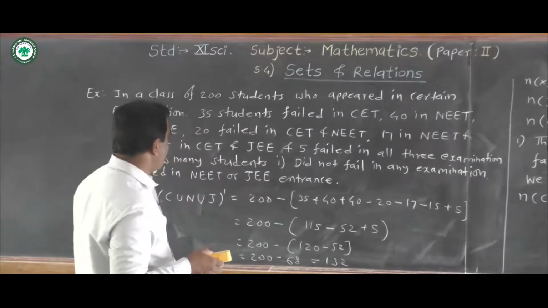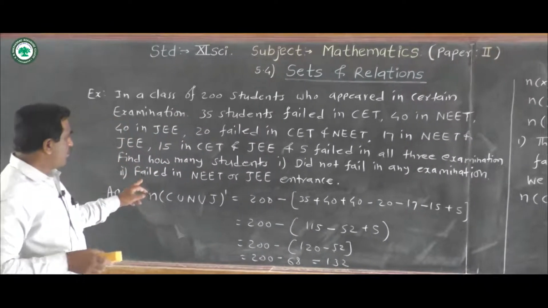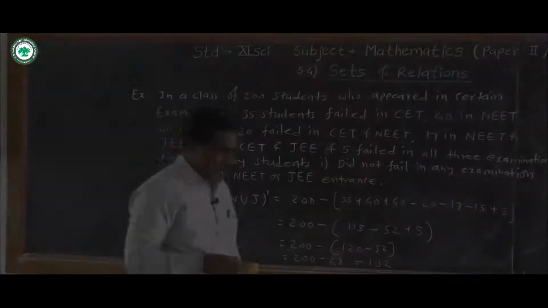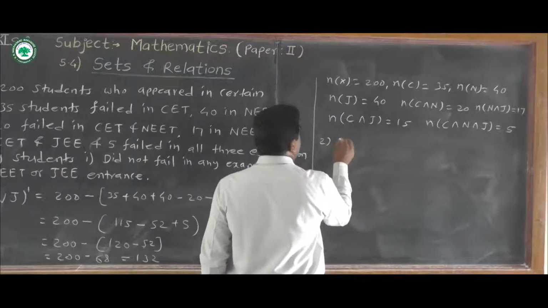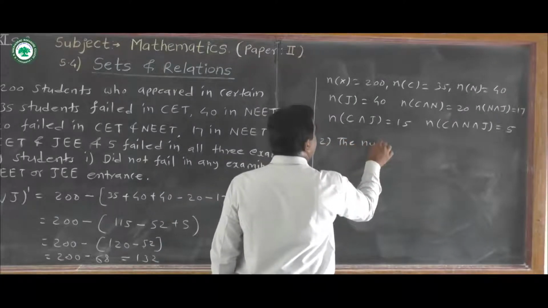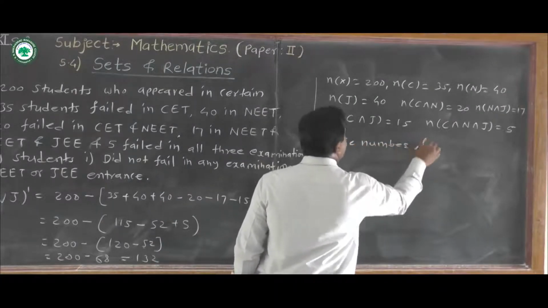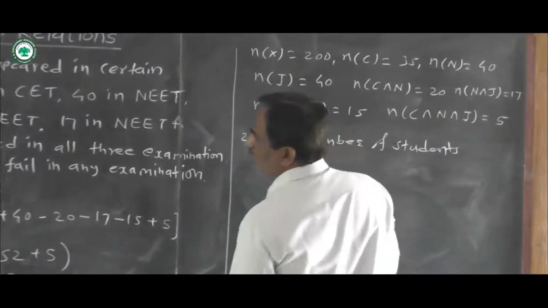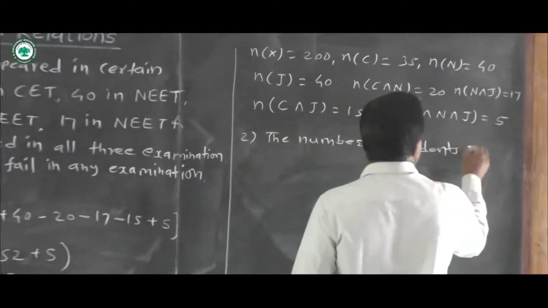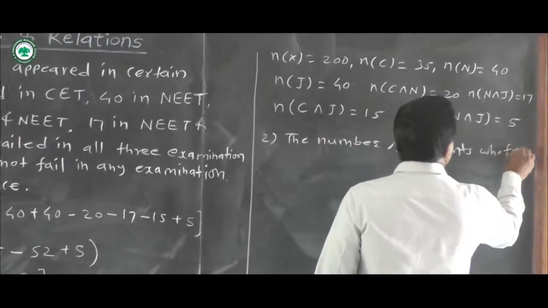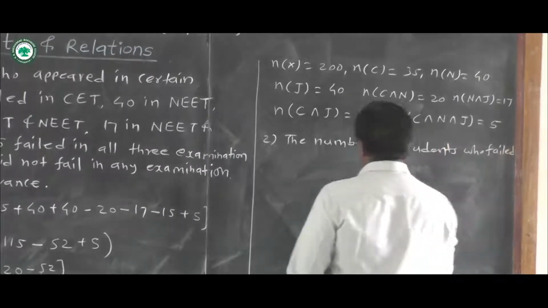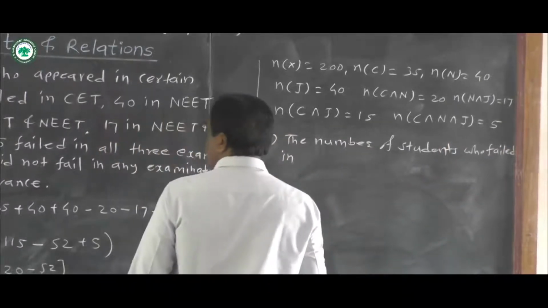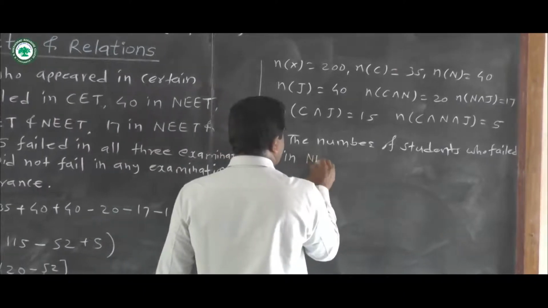132. Now the answer for the second part: we have to find the number of students who failed in NEET or JEE entrance examination.